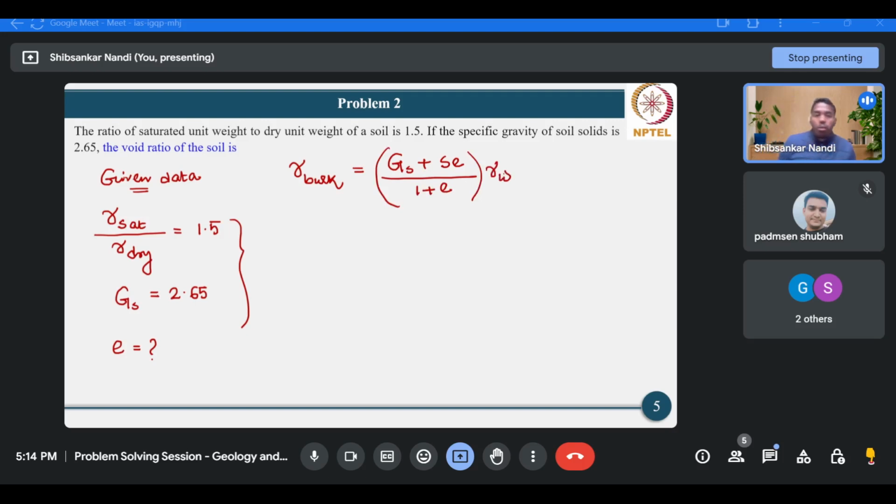Okay, before that, can you please tell me what is meant by this saturated, dry, bulk? So can you please tell me what is unit weight?